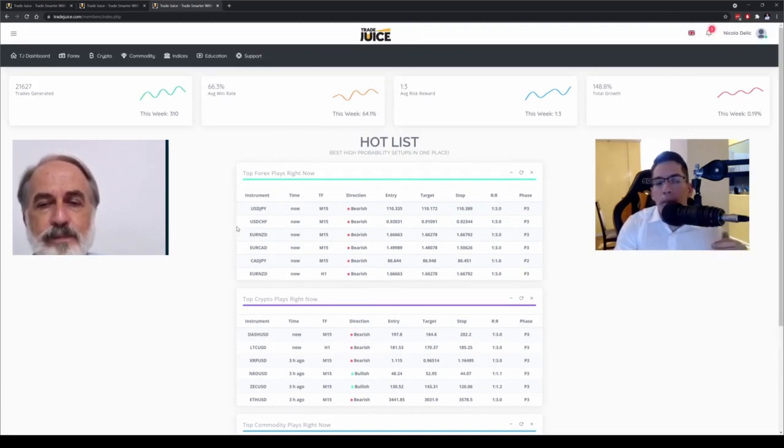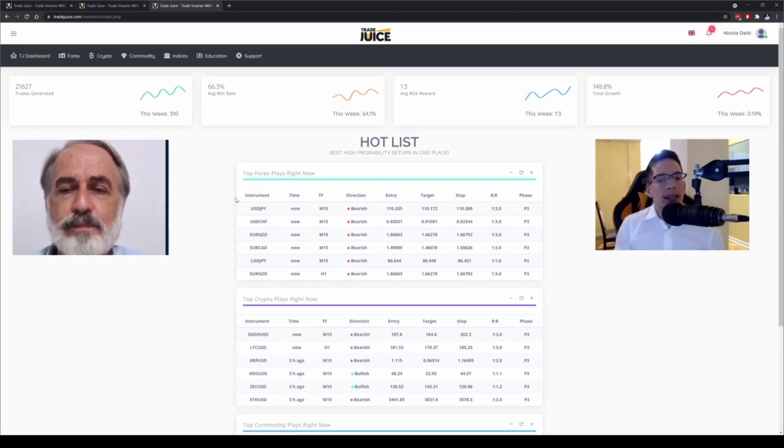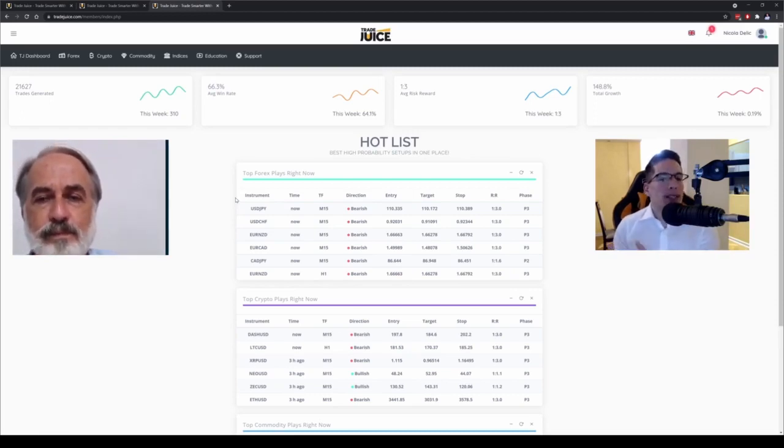So if some pair started to drop in performance, it's automatically going to be cut from our main list. People will never know it. We will get an alert as a team, and we will start playing with and optimizing the algo for that pair.